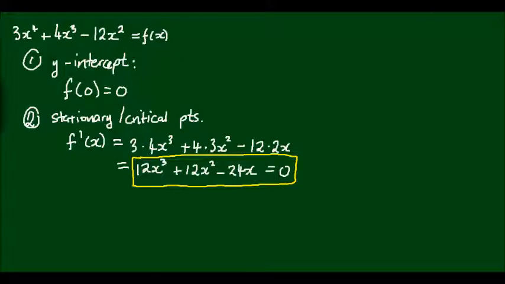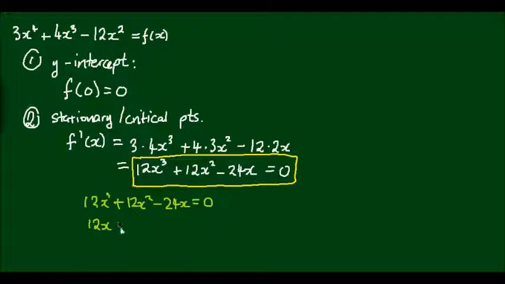If I switch pen colors to make it a little bit more clear: 12x cubed plus 12x squared minus 24x is equal to 0. I can see that I can factor out a 12x.